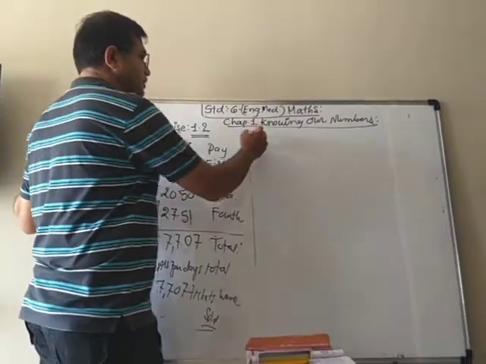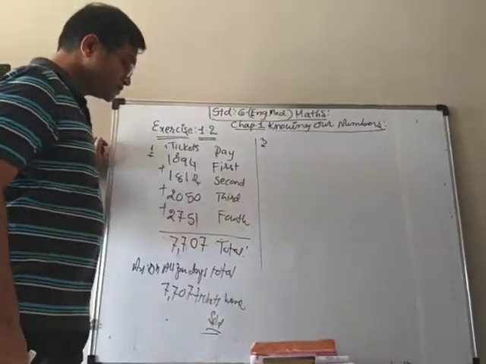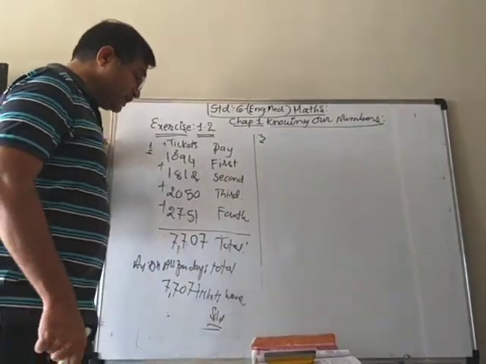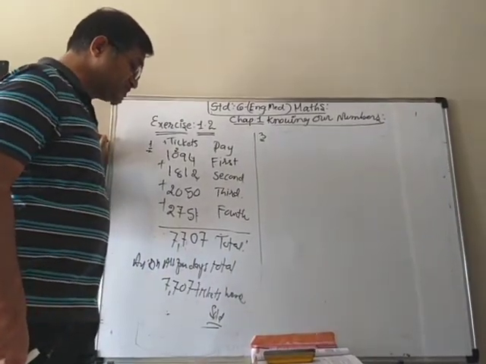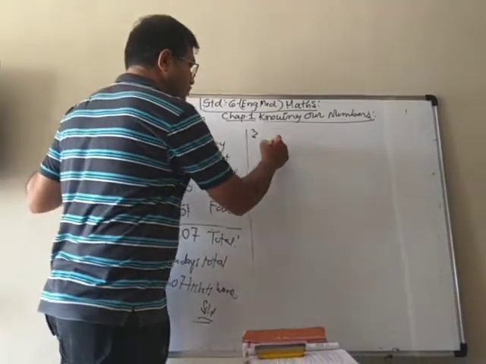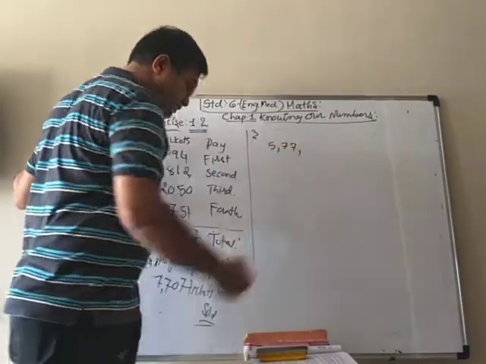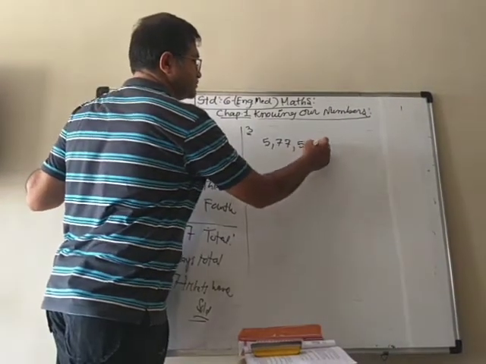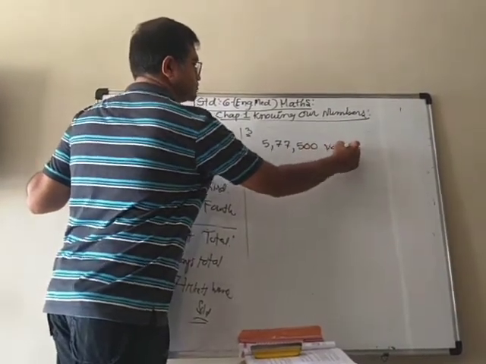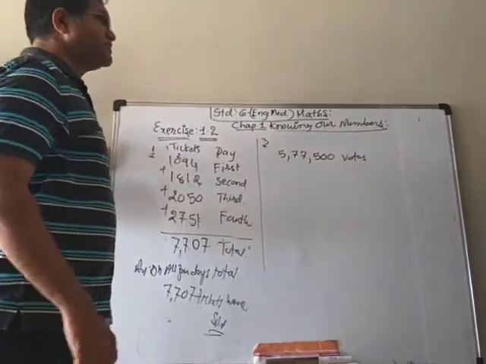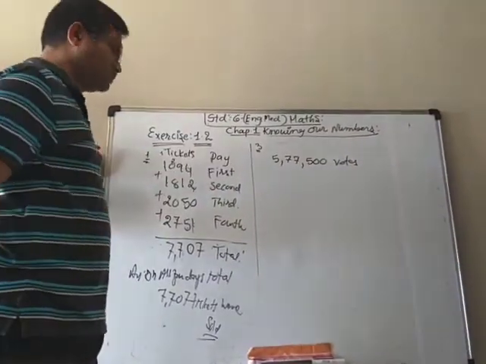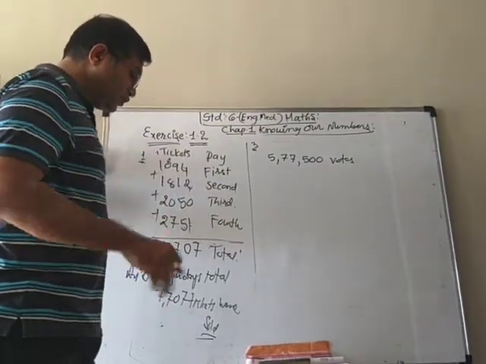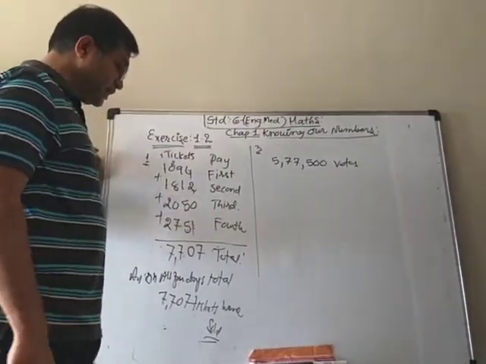We will take the third example now. It shows that in an election, the successful candidate registered 577,500 votes. That is the candidate who won this election.